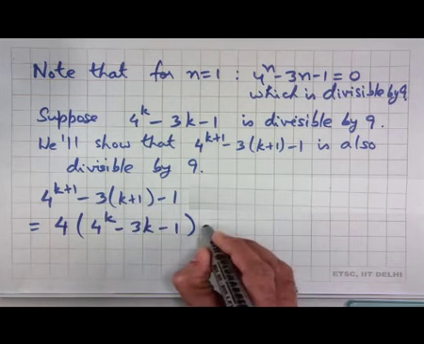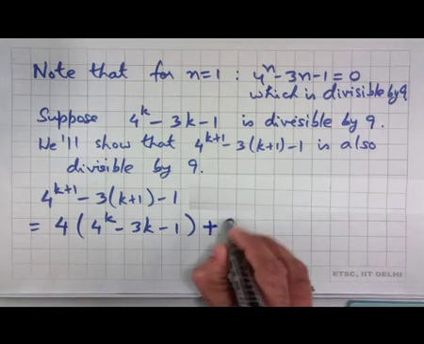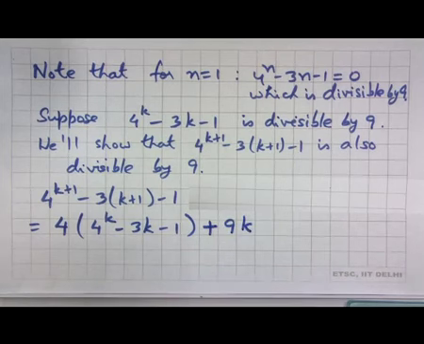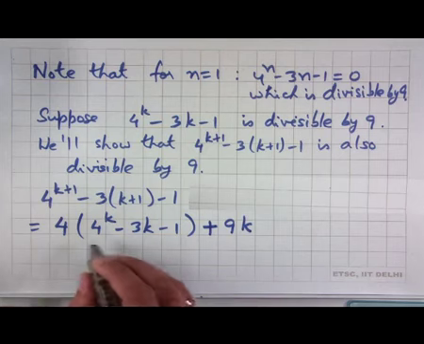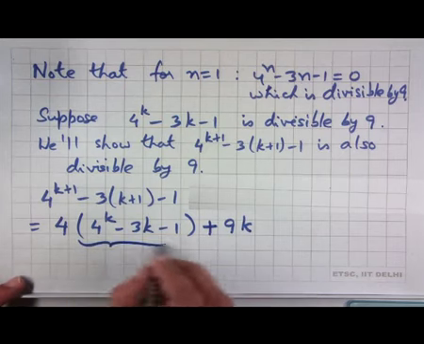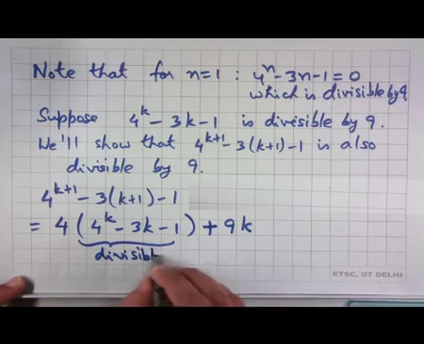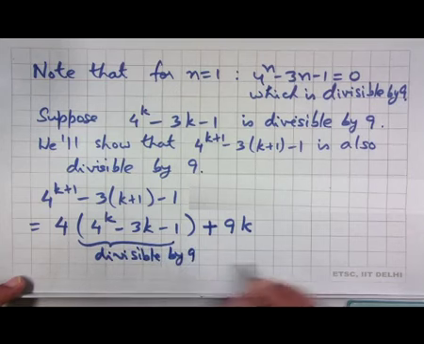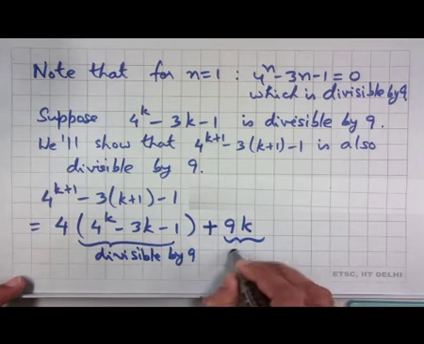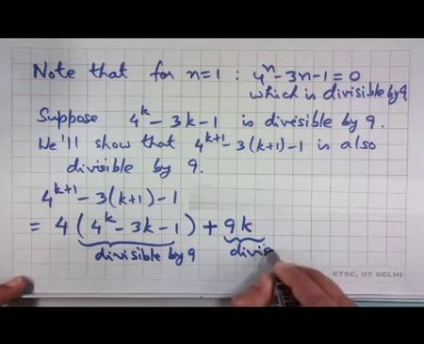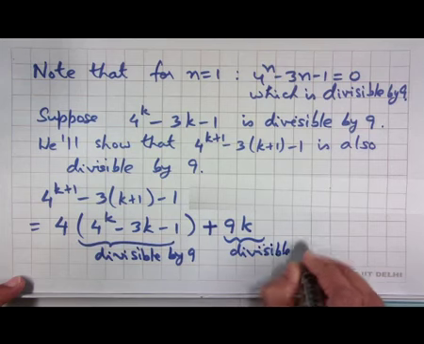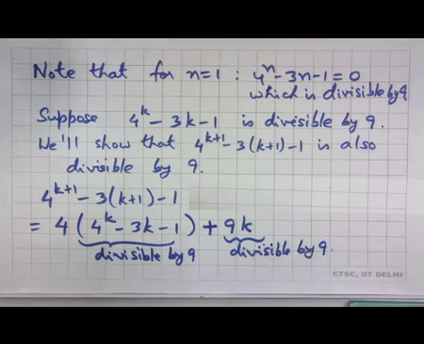So, I have to add plus 9k. Now, what we know is that this part is divisible by 9 and this is also divisible by 9. So, the sum is divisible by 9.